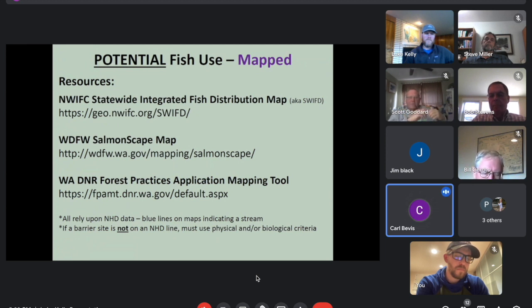You have big drops and then flat areas. So you've got to think about natural barriers when you look at this gradient idea, because the two go hand in hand. Yep, good point, Carl.